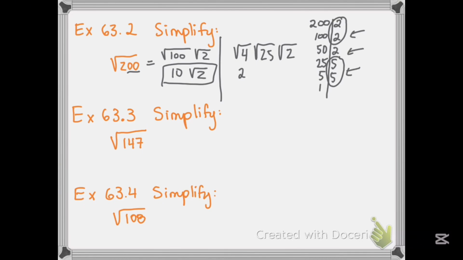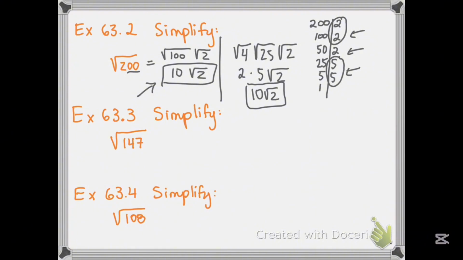Square root of 4 is 2, square root of 25 is 5, and the square root of 2, we leave it like that, and that would be 10 square root of 2. Notice how easy? Either way is fine. If you know your perfect squares, then it's easier just to do it like that.